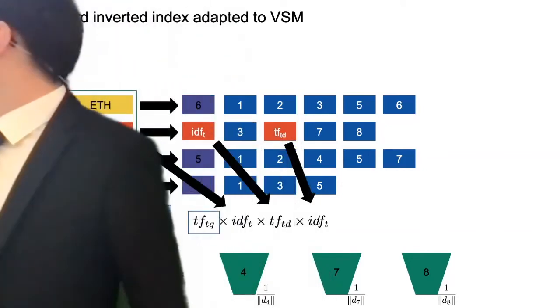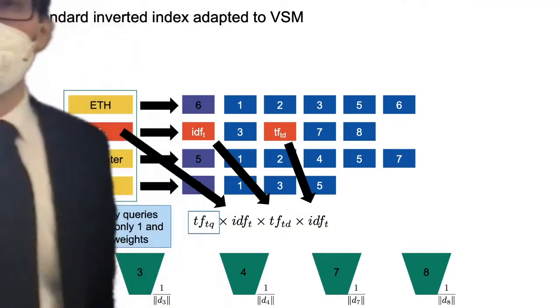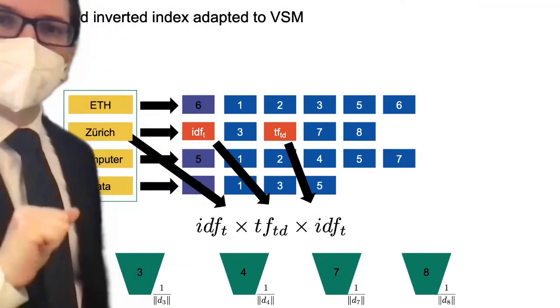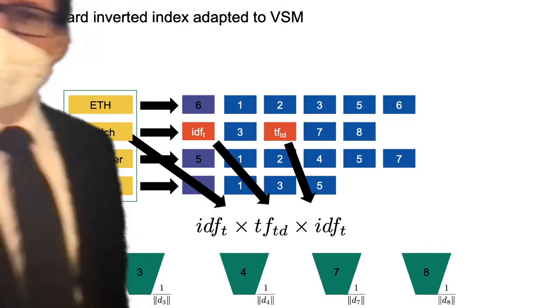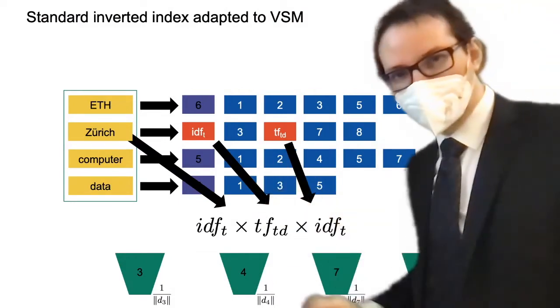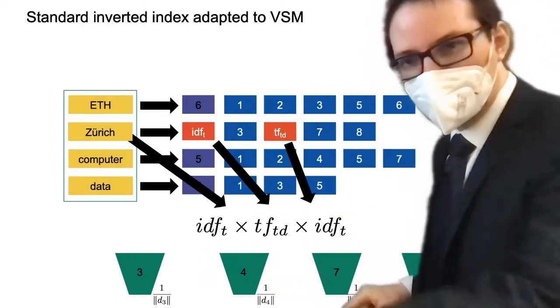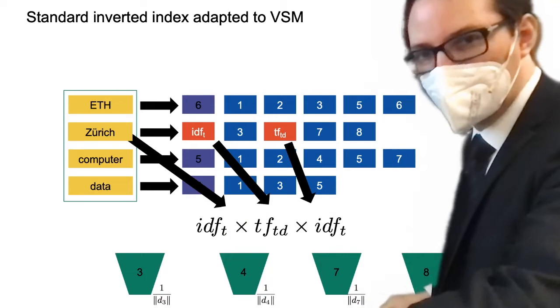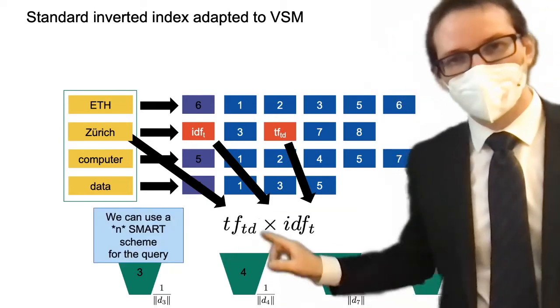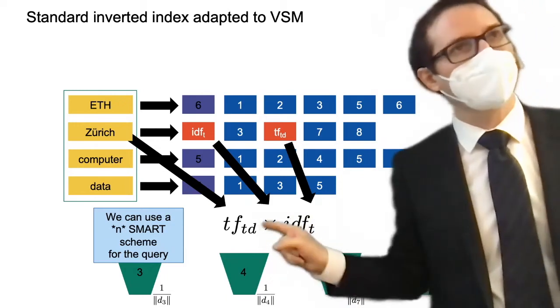So that means that we don't care about the term frequency on the query side. We can drop it. So it's basically changing the SMART notation here, and we can just drop the TF part on the query side. So you see it's simplifying a lot. Now we see it's twice the same thing, right? The inverted document frequency on the term doesn't depend on the query. So we can actually throw away one of the two.